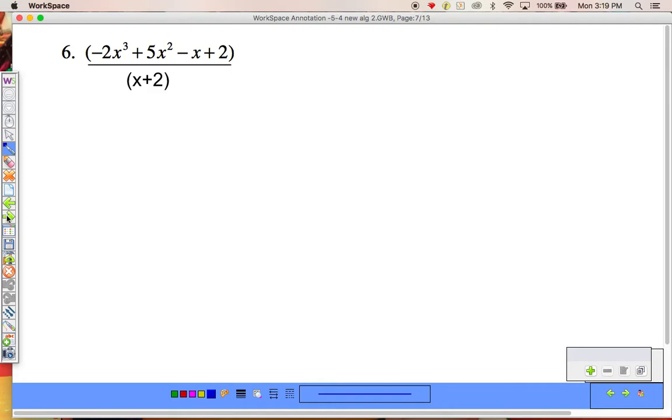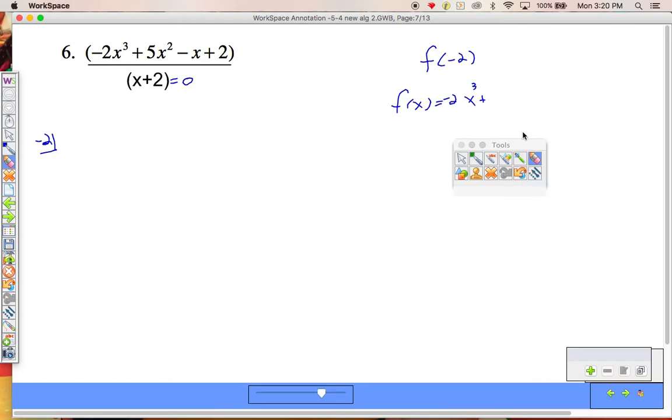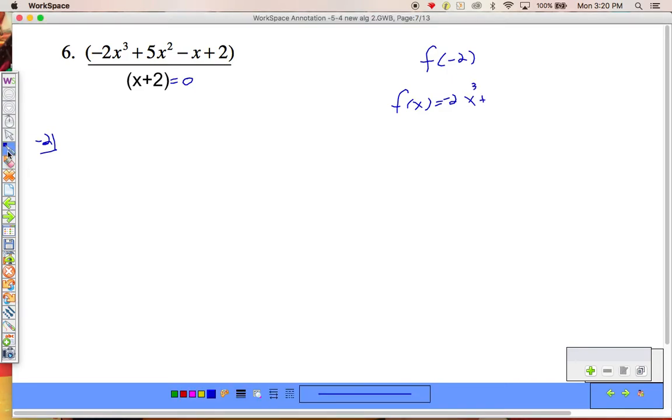So let's do this next one. All right. I'm doing synthetic division with negative 2, because I'm going to set x plus 2 equals 0. All right, so knowing that, if I do f of negative 2 with my numerator, negative 2x to the third plus 5x squared minus x plus 2. I want to find f of negative 2.